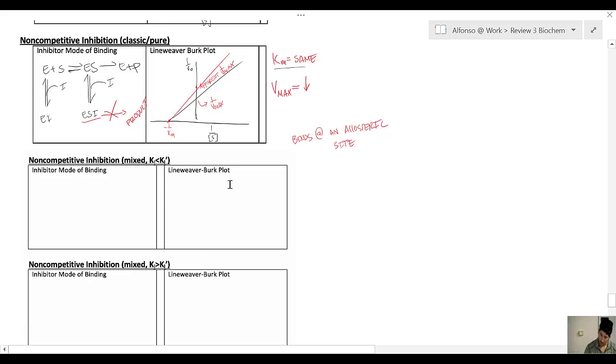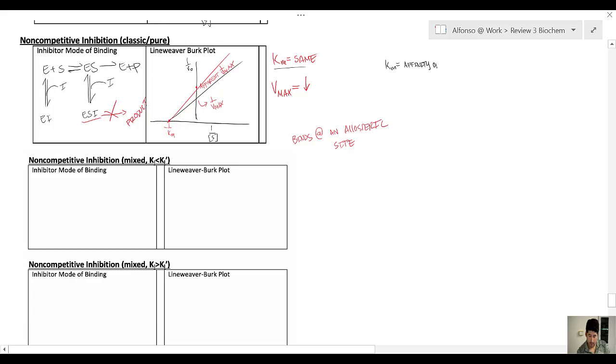All right, before we go on to non-competitive mixed, let's just establish one thing. Km is equal to the substrate concentration at which your initial velocity is 1/2 the Vmax. Never forget that. But Km is also a measure of affinity.